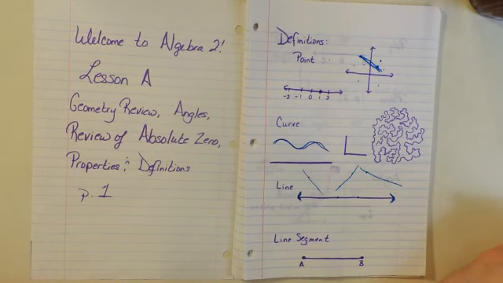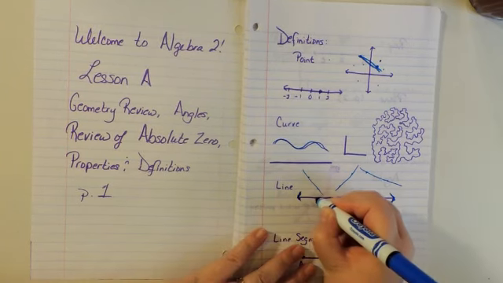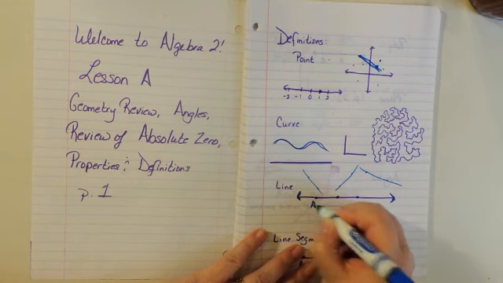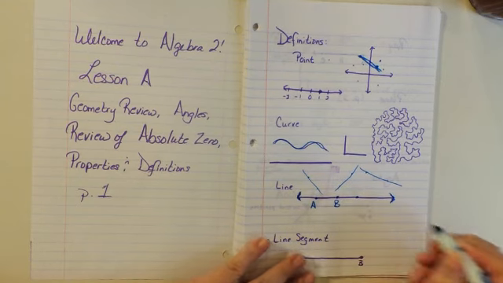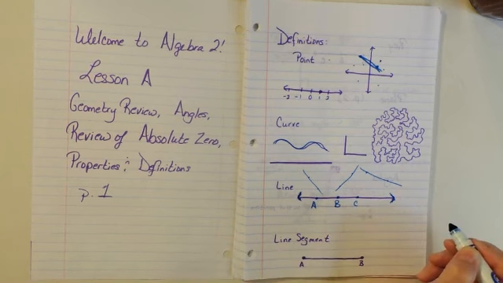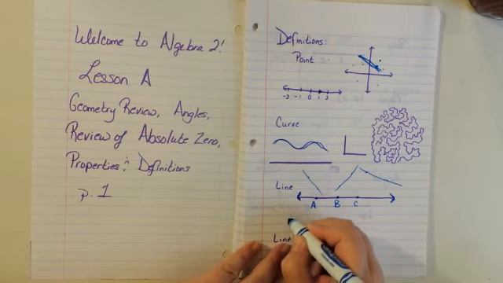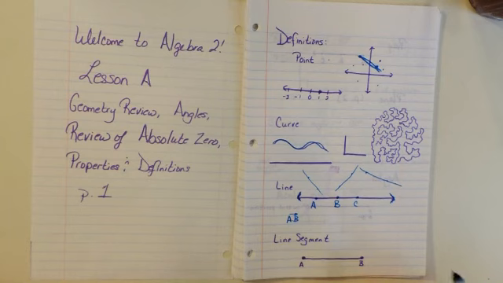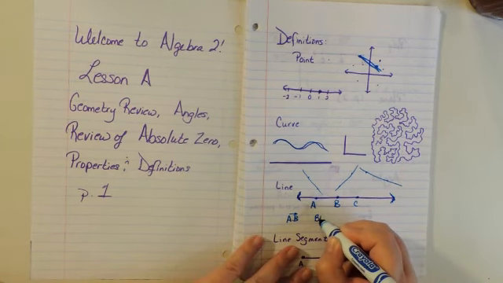We can name a line by naming any 2 points on the line in any order. So, here's a line. We can call this point A, and this point B, and this point C. The name of this line, we could call it line AB, because it's the line that goes through A and B. We can call it line BA.